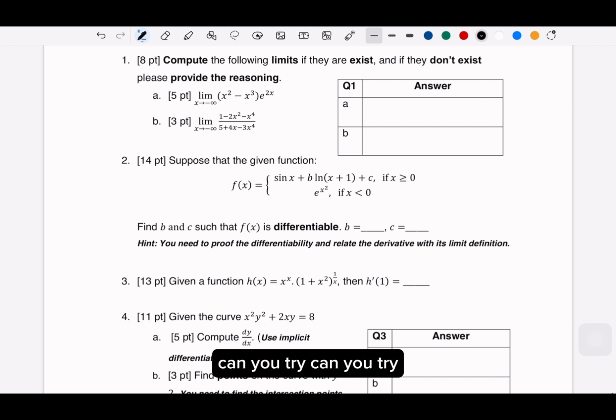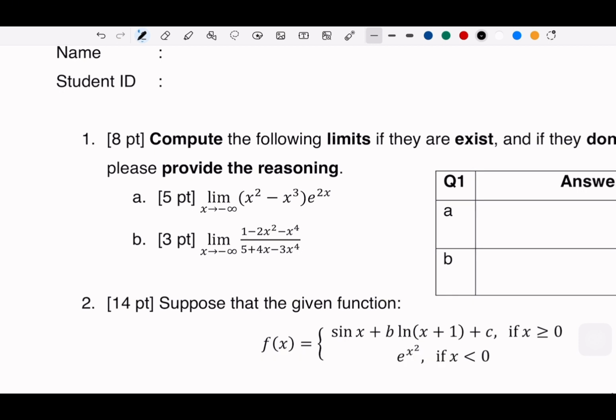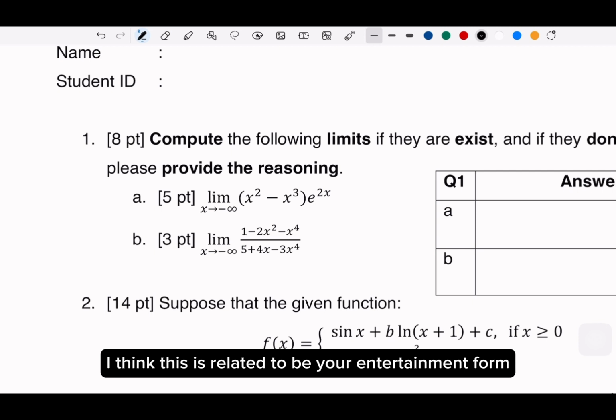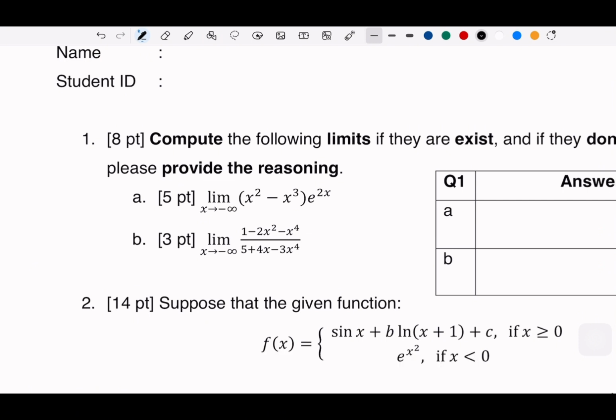Number 1A. I think this is related to your indeterminate form, right? So I think you can start from this one first.